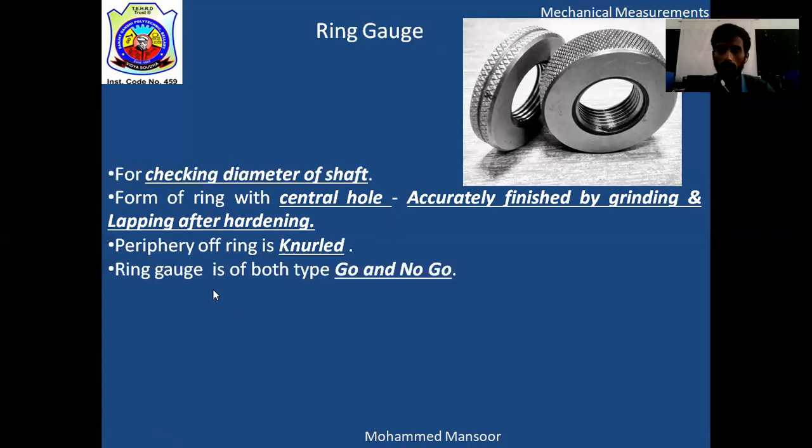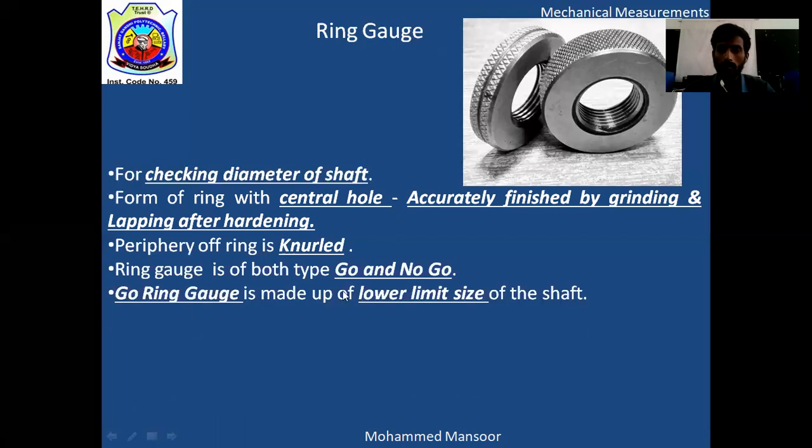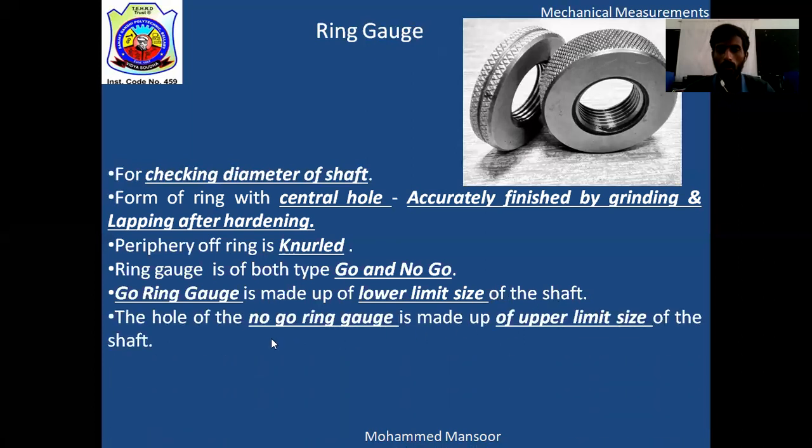The ring gauge is both go type and no go type. The go ring is made to the lower limit size of the shaft, and the no go ring is made to the upper limit size of the shaft. If go goes over the shaft, then the shaft is above the lower limit size. If the no go ring doesn't pass over the shaft, then it is under the upper limit size.